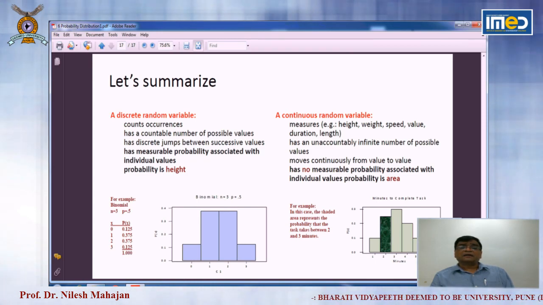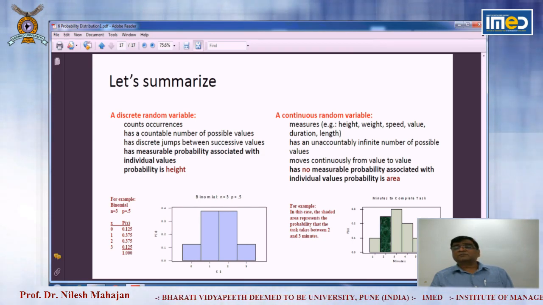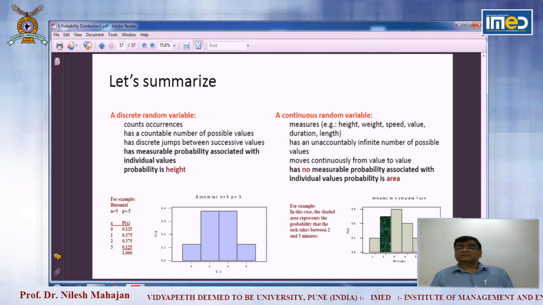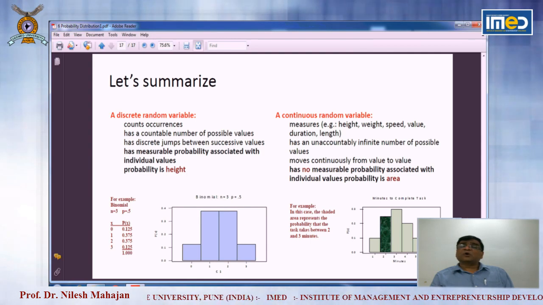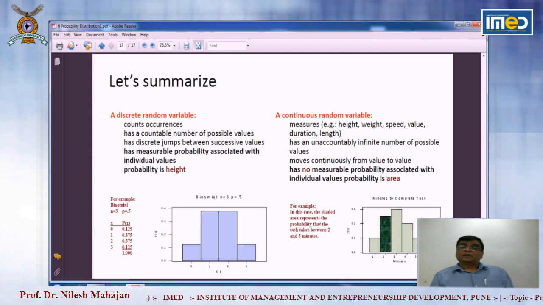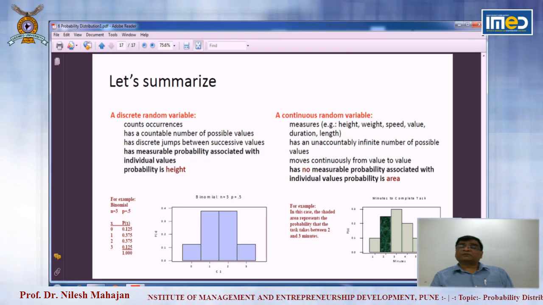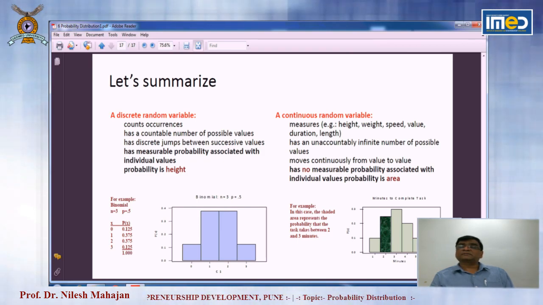According to the example in the diagram, that is a discrete random variable. A continuous random variable measures, for example, height, weight, speed, value, duration. It has an uncountable infinite number of possible values, moves continuously from value to value, and has no measurable probability associated with individual values; probabilities are areas.